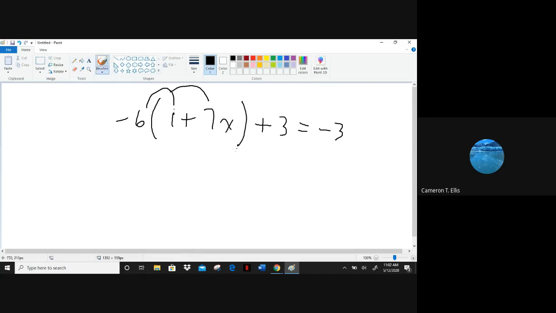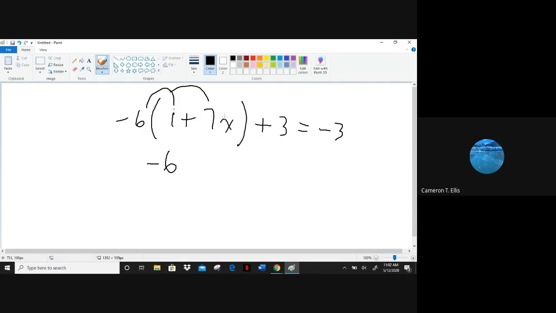Okay, so let's factor. How do we factor? We multiply negative 6 by 1, and then negative 6 times 7x. What's negative 6 times 1? Negative 6, just negative 6 times itself. And now it's negative 6, apologize for the error before, times 7x.